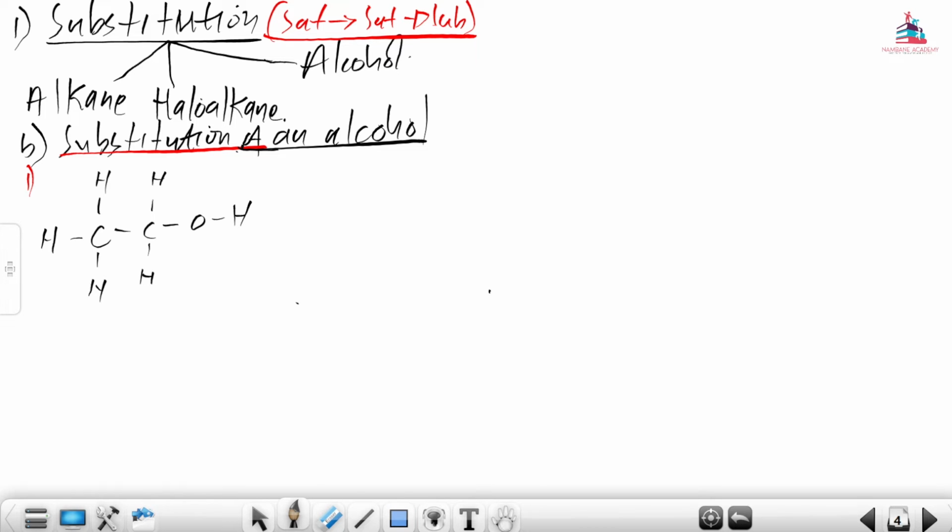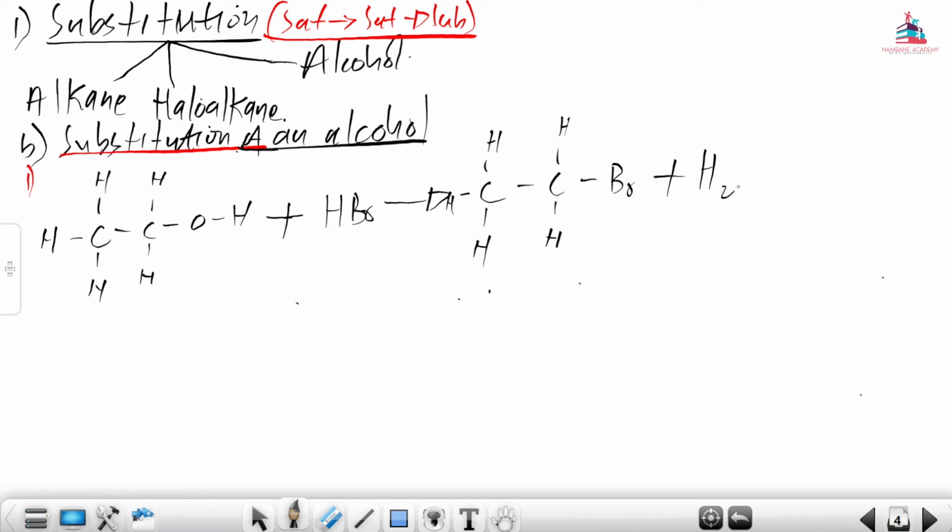What do we do to an alcohol? We add HBr, then we form a haloalkane, which will be C-C-Br, H, and then another H, HBr plus now H2O.